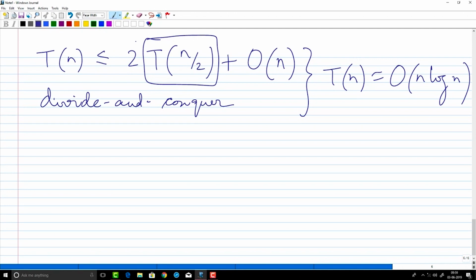This tells me that I should divide the point set into two almost equal halves, right. So, how do I do it?